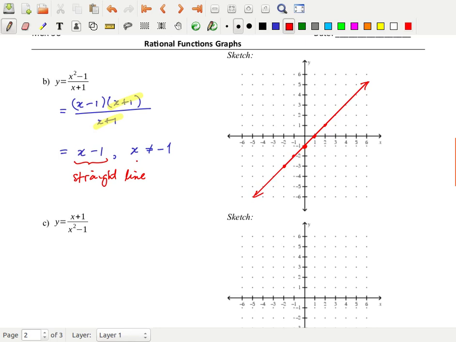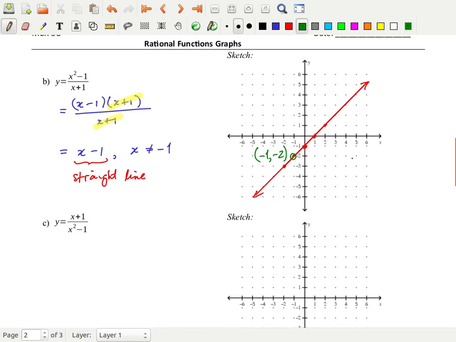But there's one other thing I have to add in here, which is that I've got a hole at -1. So when x equals -1, there's a hole in this graph. Now we don't even have to do the calculation. We can actually see the coordinates of that hole are (-1, -2), just because this was such a simple graph.